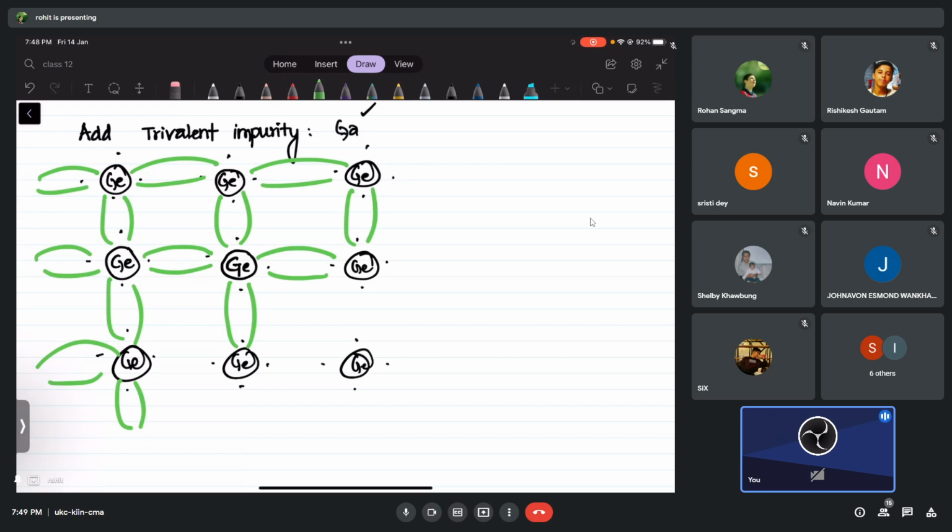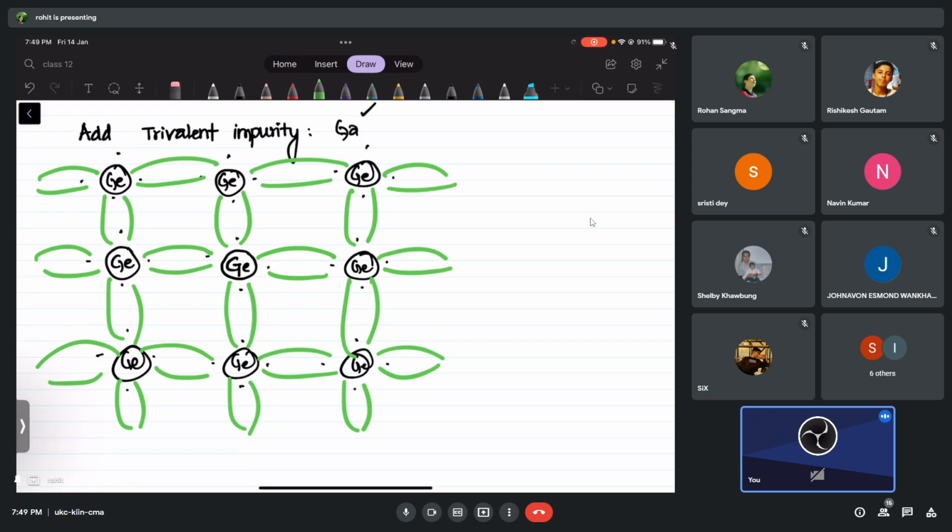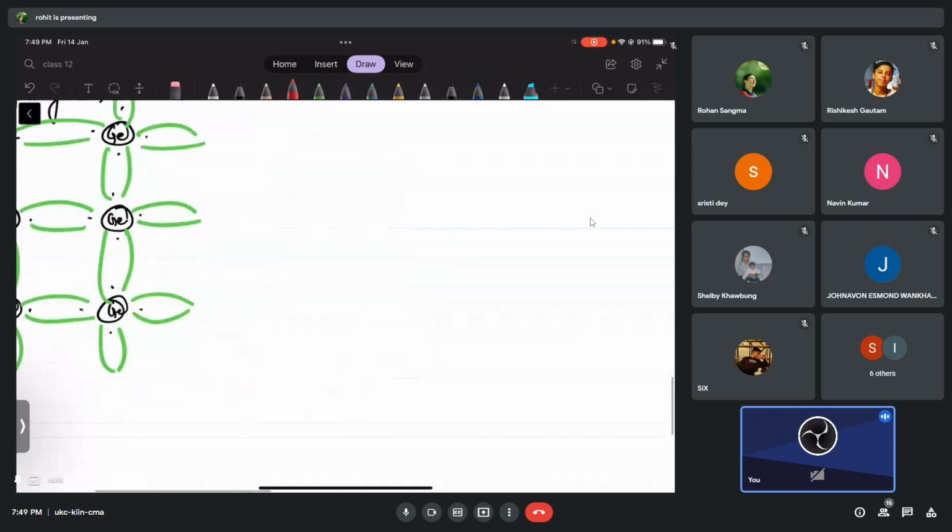So we will get holes and free electrons without doing anything. Without adding anything, some of the bonds will be broken already because of high temperature or thermal energy. So this electron may be out here, this electron may be out here. Already we are going to get holes and free electrons, without doing anything.